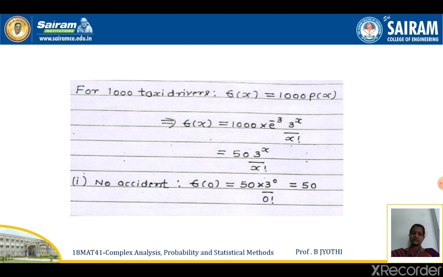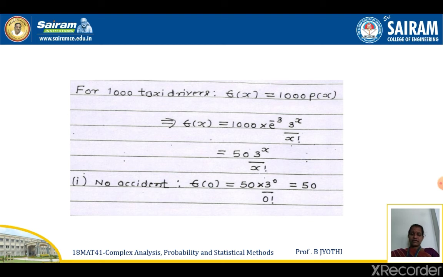So f of x is 1000 into p of x, which is given by e power minus 3, 3 power x by x factorial. That is 50 into 3 power x divided by x factorial. This is on simplification. So we need not multiply 1000 every time. Already we have multiplied for the main function itself.